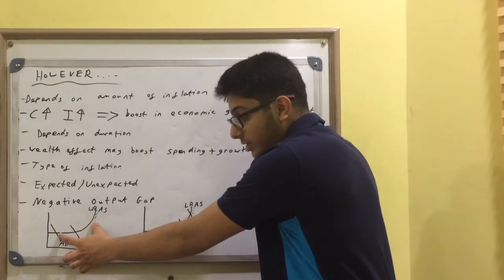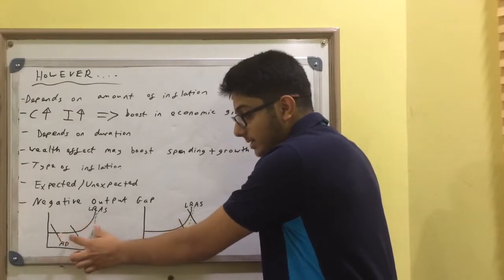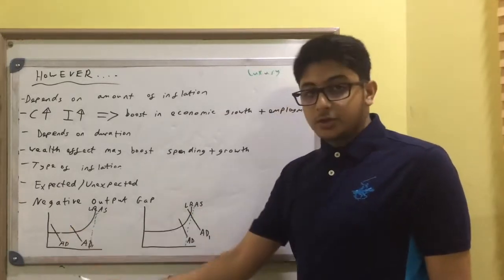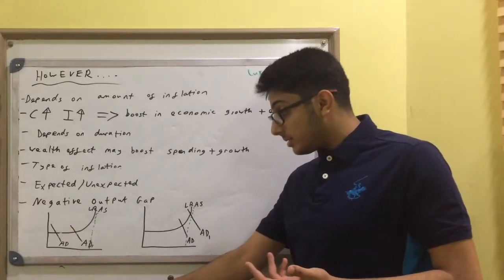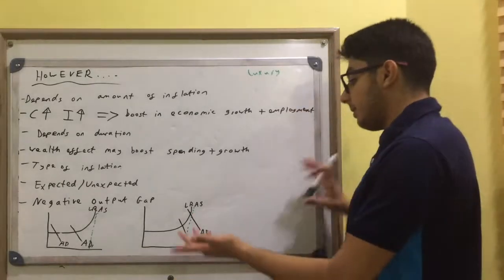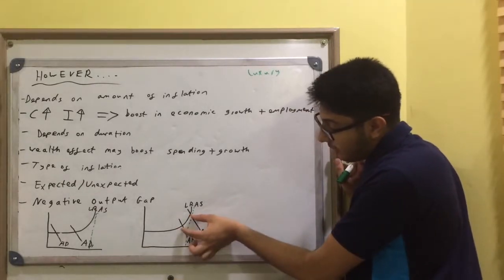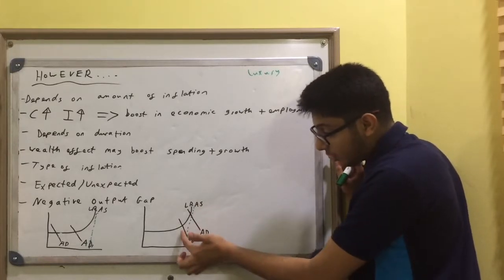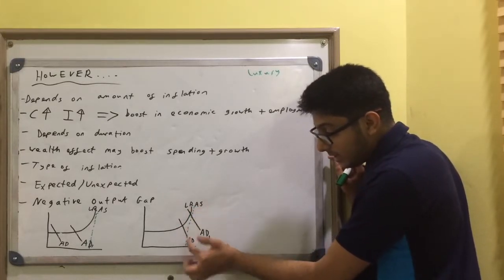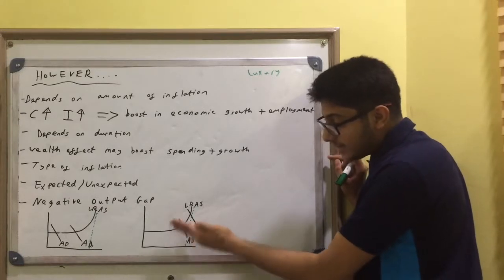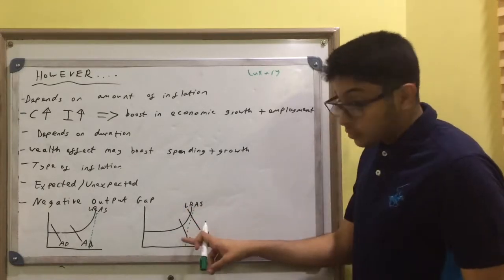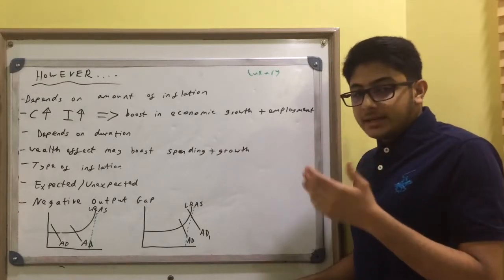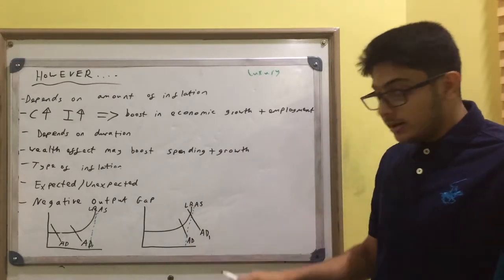So if it's demand inflation, aggregate demand increases. As you can see, prices don't increase by that much, but output increases a lot, so that's good. But if you have a small negative output gap, okay, a small spare capacity between the actual output and the potential output, if aggregate demand increases, prices are going to increase significantly with a small, meaningless increase in output.